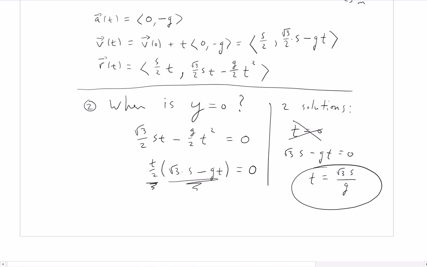So let's see, what do we get? If we plug that in, we get, in the x slot, square root of 3 over 2g times s squared. And in the y slot, we should get 0.